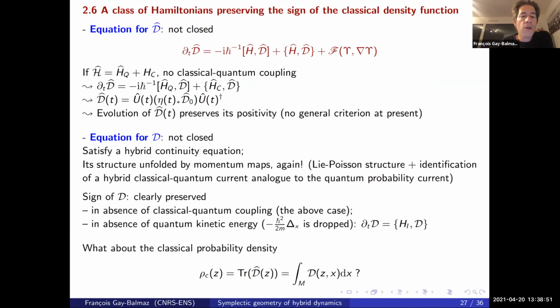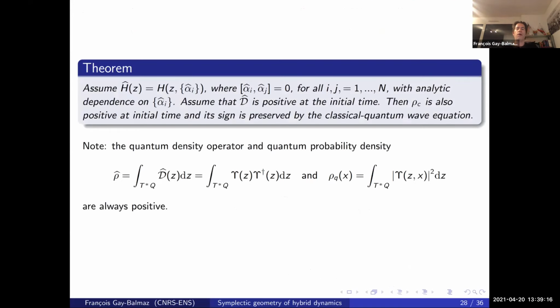formulation. So as announced earlier, we were also interested to check whether we have a class of Hamiltonians for which the classical probability density preserves its sign. Without going into the details due to lack of time, I just show you our theorem that we have so far.